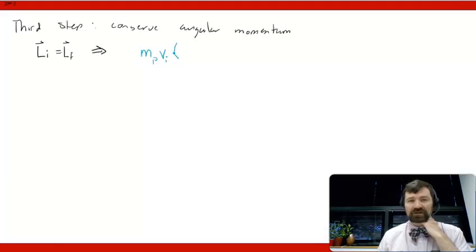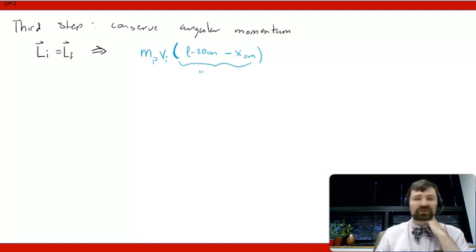So this would be times essentially L minus 20 centimeters minus X center of mass. So this is like where does this impact occur relative to the center of mass of the system.